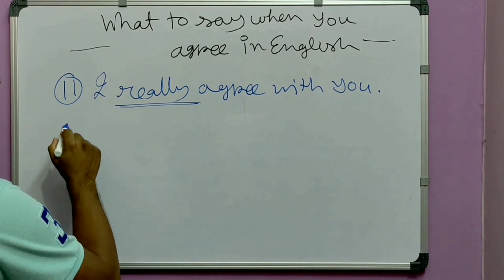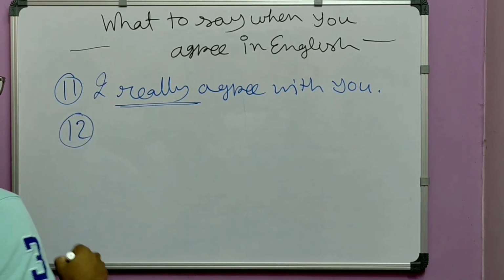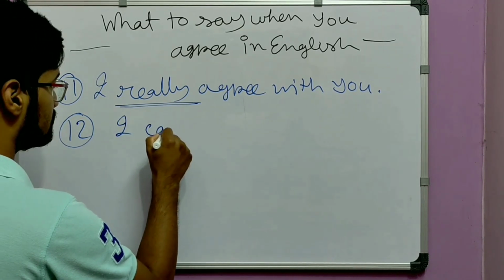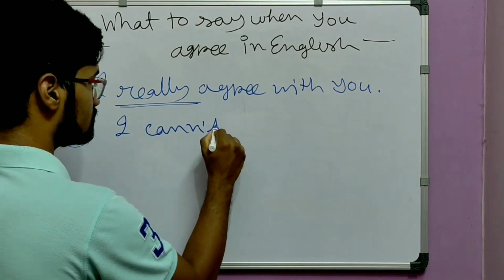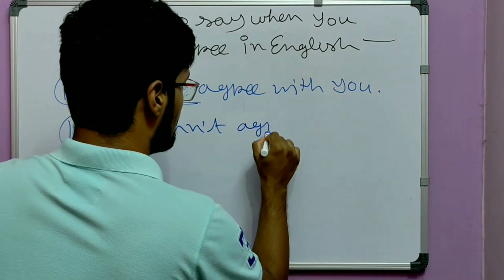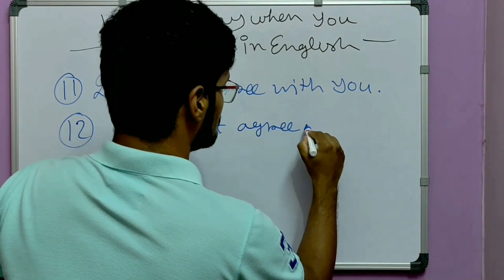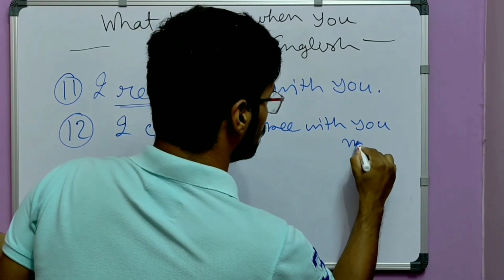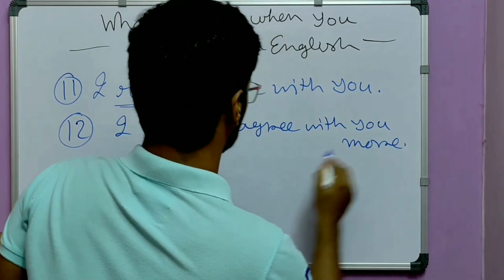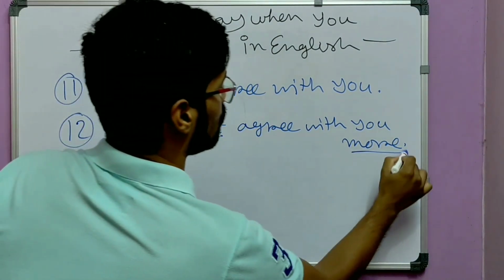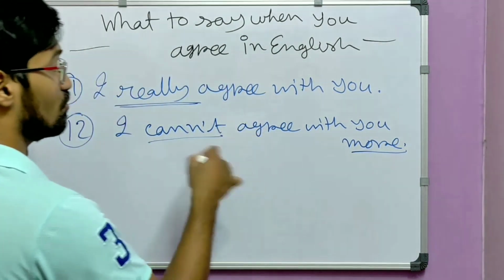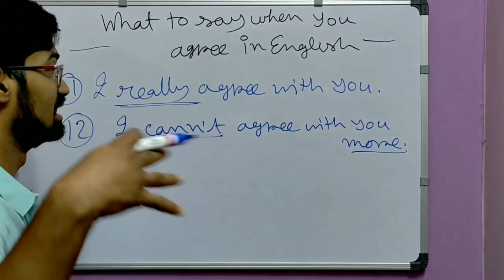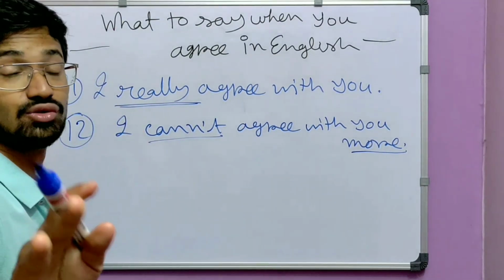That is the lovely one, that you can say, I can't agree with you more. Just add can't and more. It will really emphasize your way of talking in English. Like I can't agree with you more.